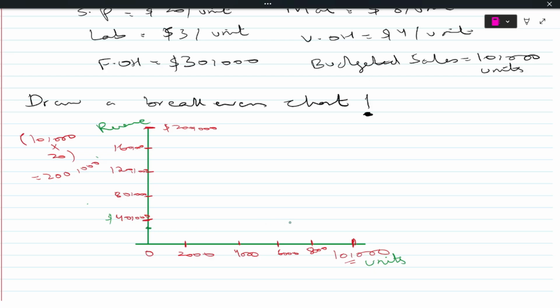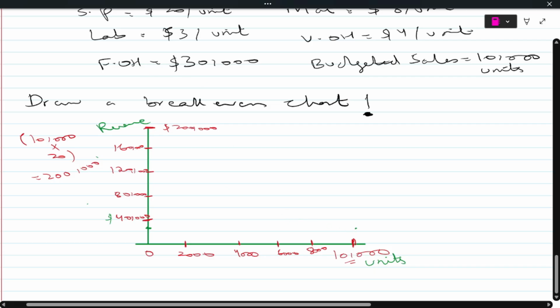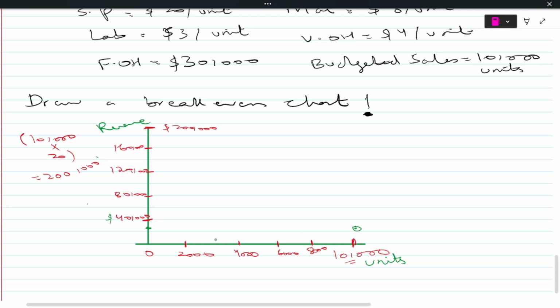So remember that I am just drawing a rough graph to give you guys an idea. You can draw a proper graph. Okay, so on 10,000 units, remember that your budgeted sales were 10,000 units, and it is on this budgeted sales that you are incurring a fixed overhead of $30,000. So you're going to put a point at 10,000 units, $30,000, which is going to be this point, right?